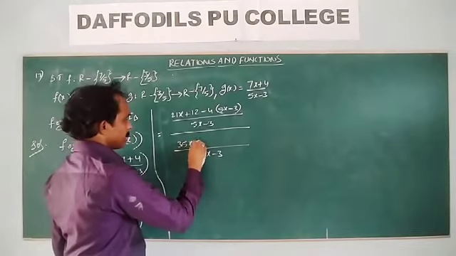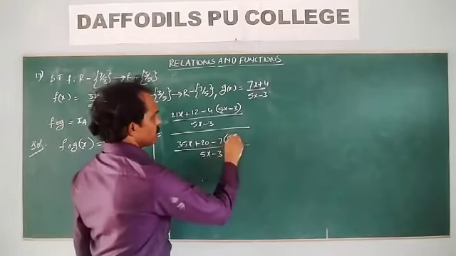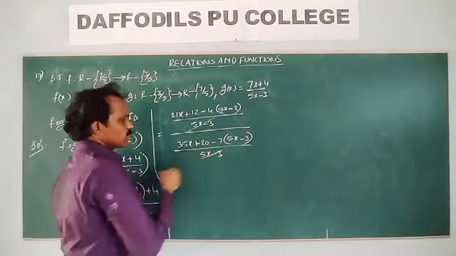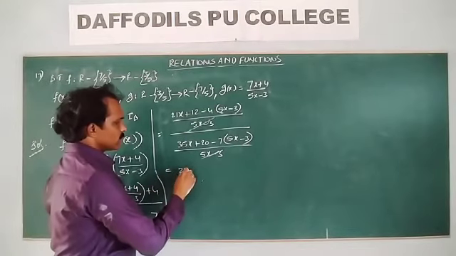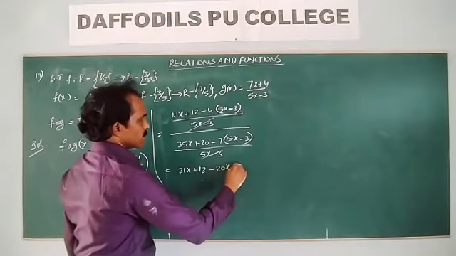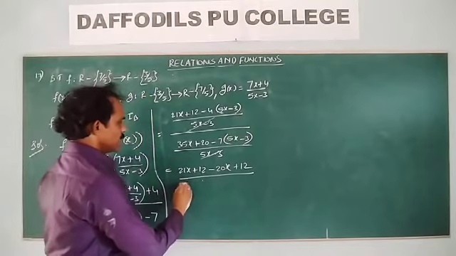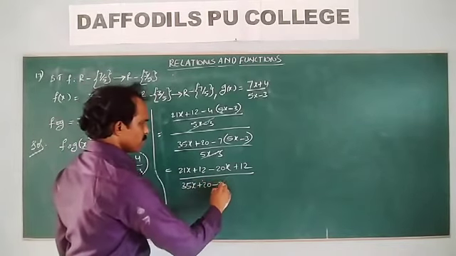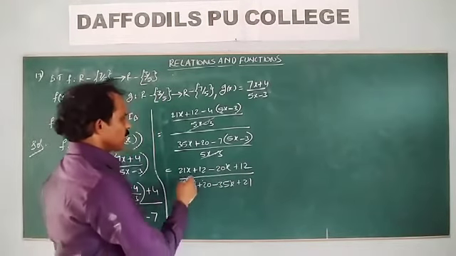So this should cancel. Next, 21x plus 12 plus 20x minus 12, and 35x plus 20 minus 35x plus 21.